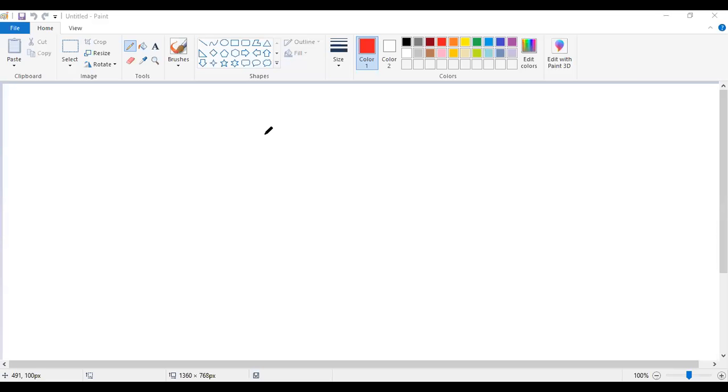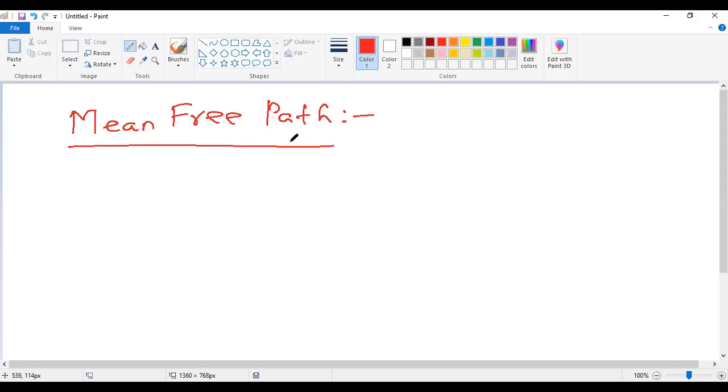So, mean free path. Okay, mean free path means, listen.